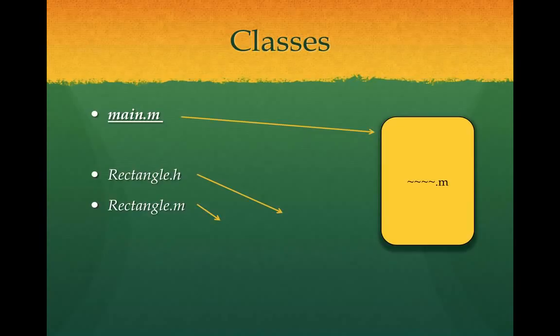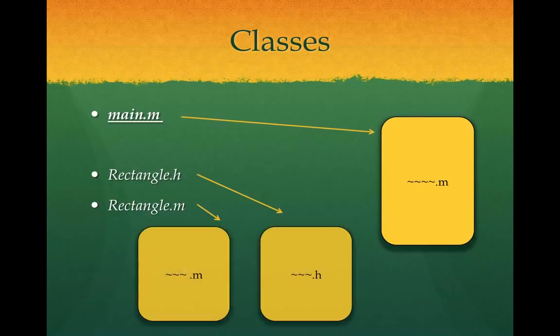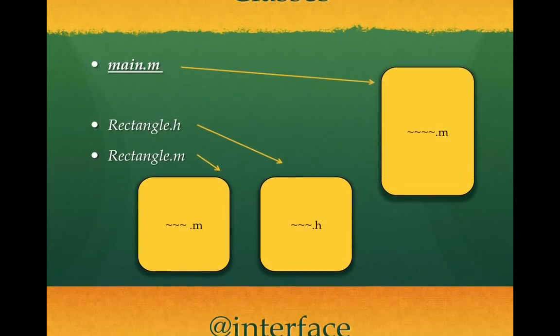I will first create two files, a .h and a .m, and I will show you in the next slide what should be written inside each of these files. But for now, you have to know that whenever you want to create a class, there must be two files, a .h and a .m file.